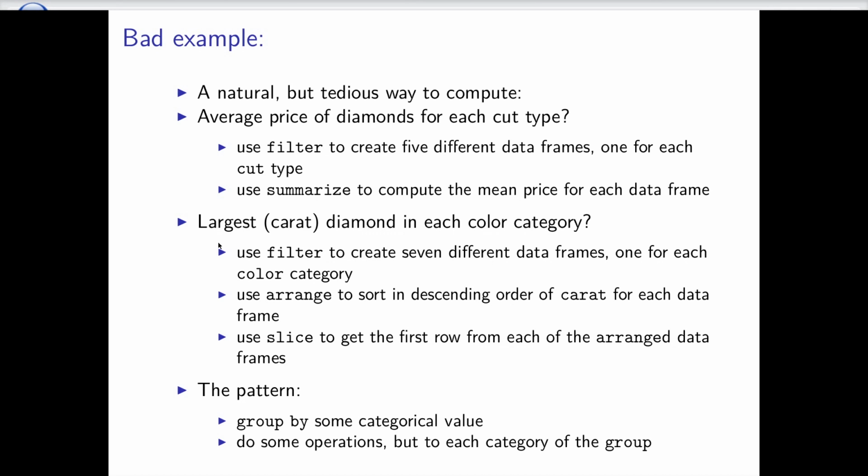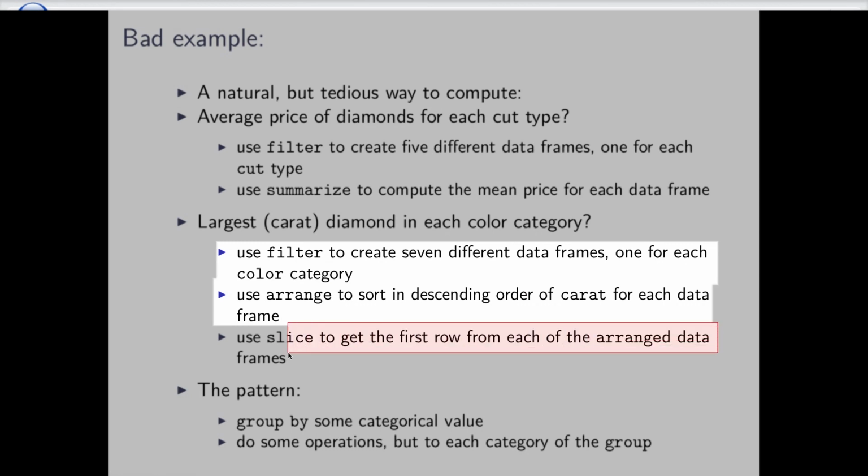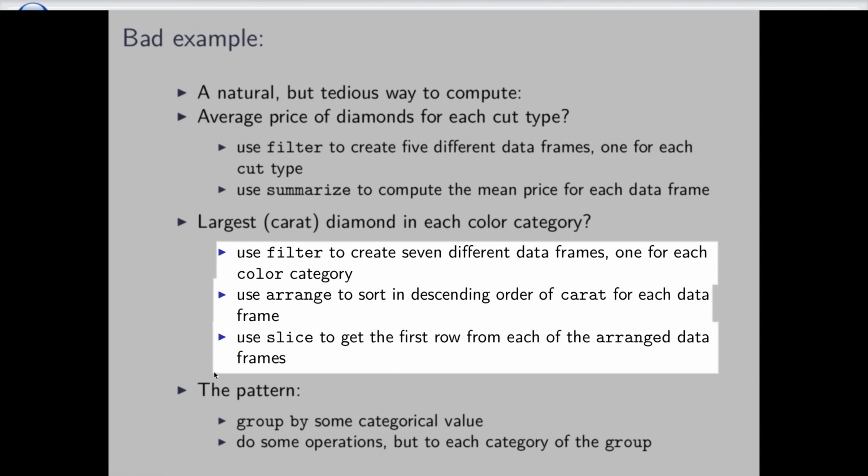Again, you could use filter to create 7 different data frames, because there are 7 color types, and then use arrange to sort each of those 7 data frames in order of carat size. And then you can use slice again on each of those 7 data frames to get the first row representing the largest carat.